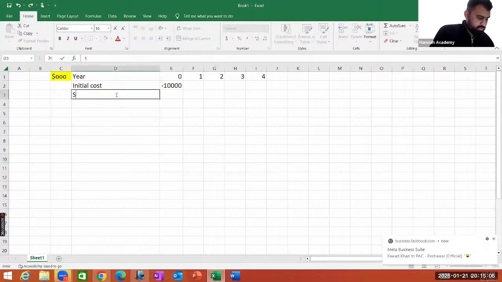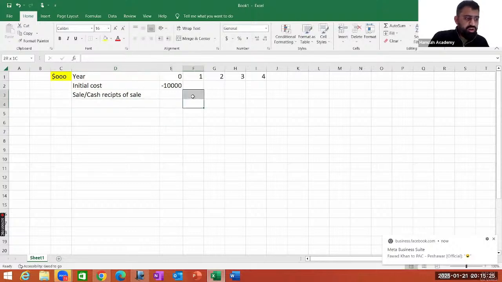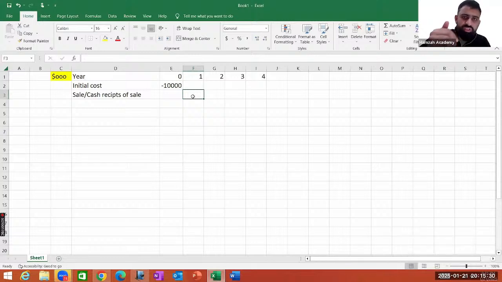Then we will take the sale, or you can say cash receipts of sale. Now, how will we calculate? Keep in mind, you will be given a question. In that question, it will be given how many units will be produced and sold in year 1, year 2, year 3, and year 4.